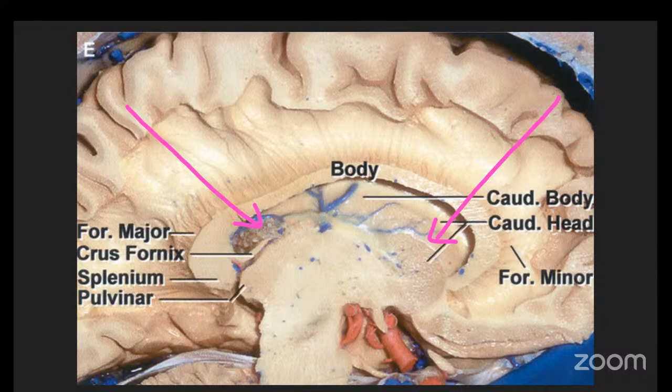But what happens if we sacrifice or compromise the corpus callosum? What are the risk factors? Patients develop a disconnection syndrome, which can manifest in many ways depending on the part that would have been severed during the procedure. But it's mainly disconnection syndromes.